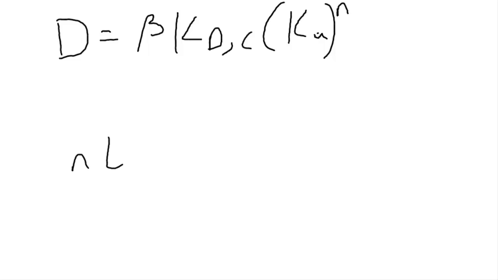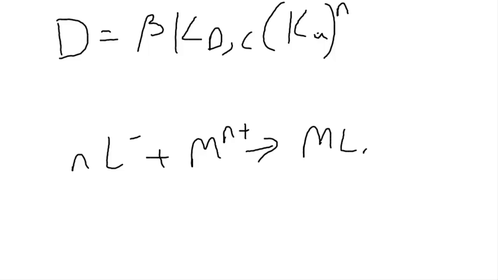So in the aqueous phase we have a number of ligand ions in order to get a neutral complex, and then it's going to form the complex, which is the metal with some number of ligand molecules. So n here is the number of ligands that we need.